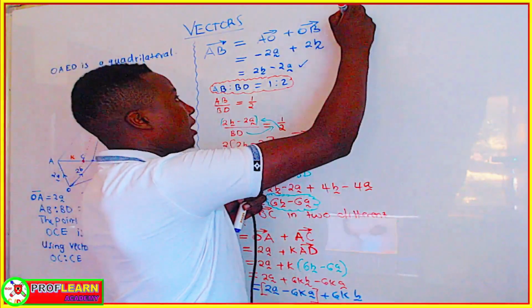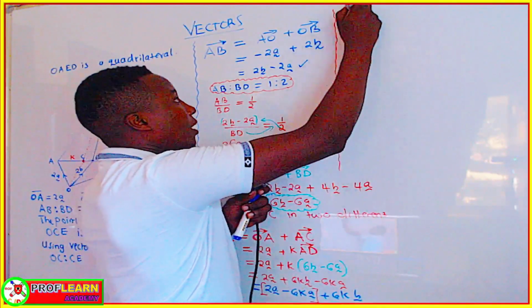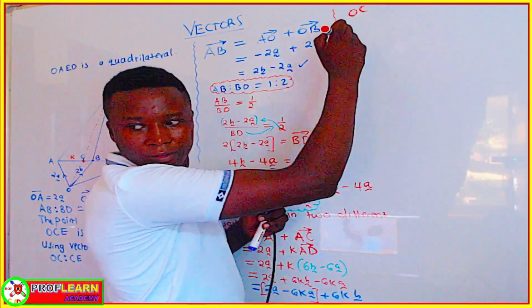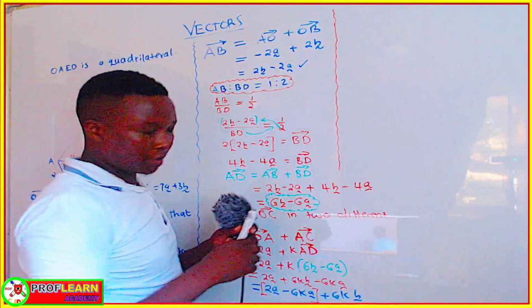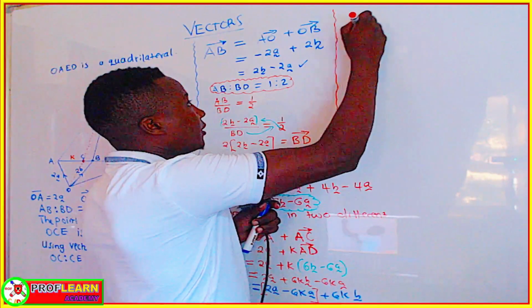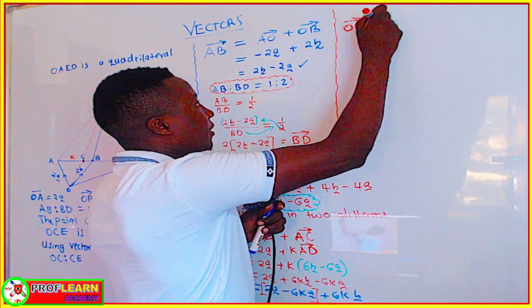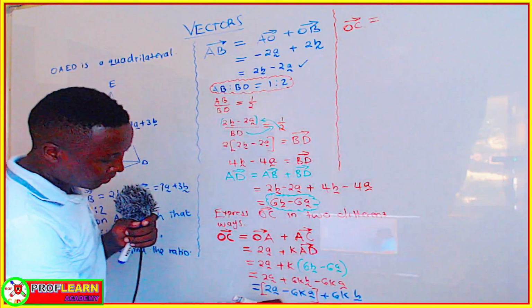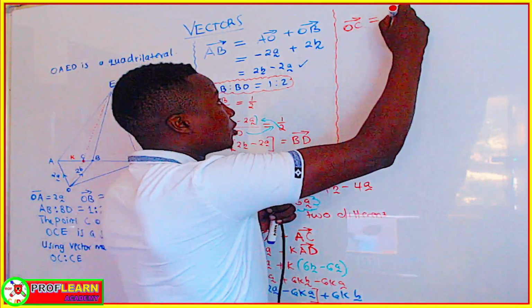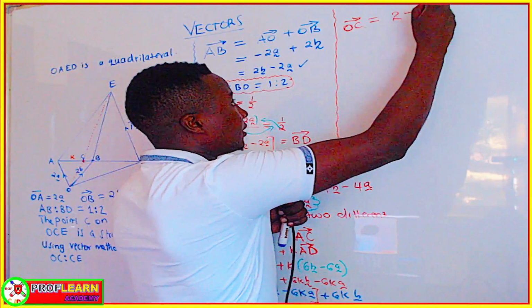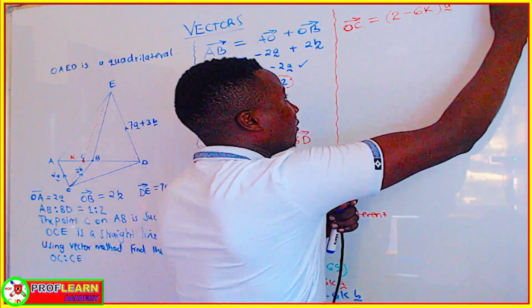Our vector OC can be written as, if we factor out A, we're going to remain with 2 minus 6K into vector A plus 6K vector B.